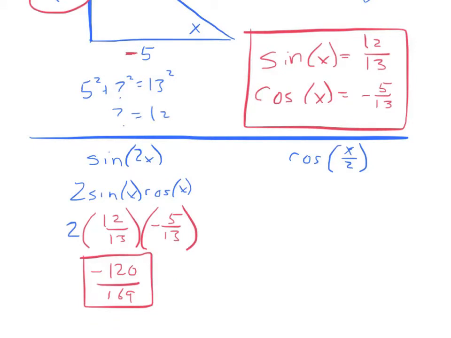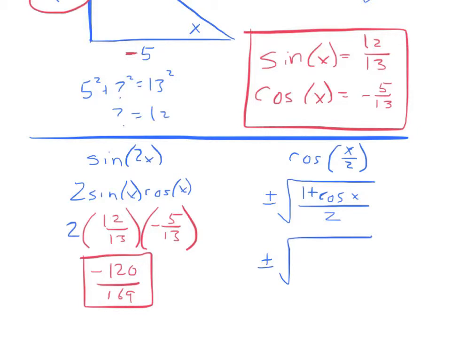So the cosine of x over 2, our identity for that was the square root of 1 plus cosine x all over 2. And you may recall that this had a plus or minus on it, so we'll deal with that in a little bit. So I'm going to end up here with plus or minus the square root of 1 plus negative 5/13 all over 2.